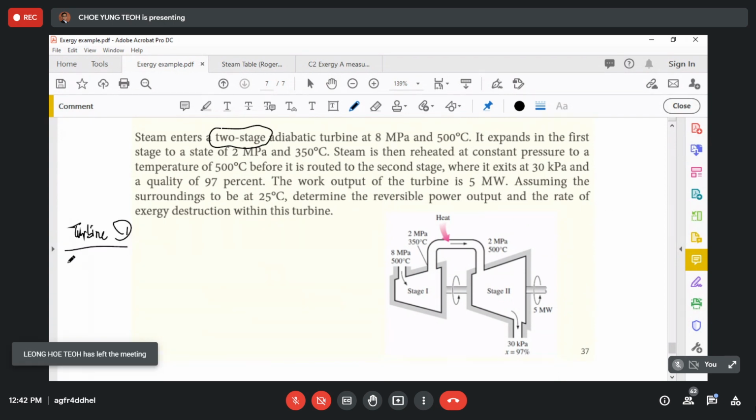So same thing, you have the state 1, state 2, and state 0. Then this is a turbine, so it's a flow system. So I need to find the entropy and enthalpy.